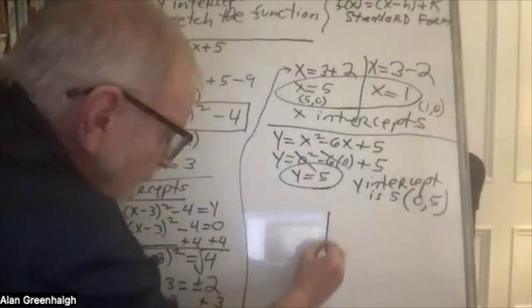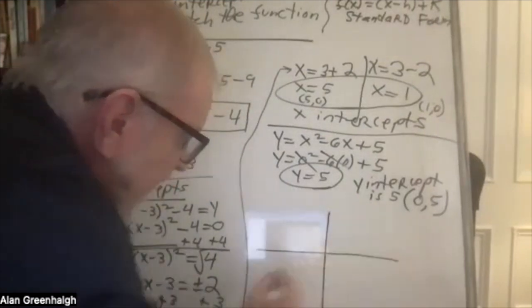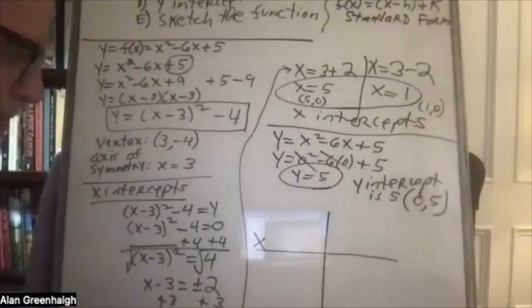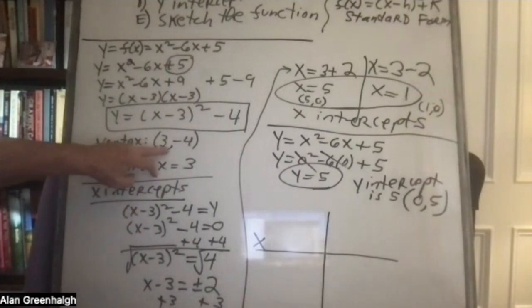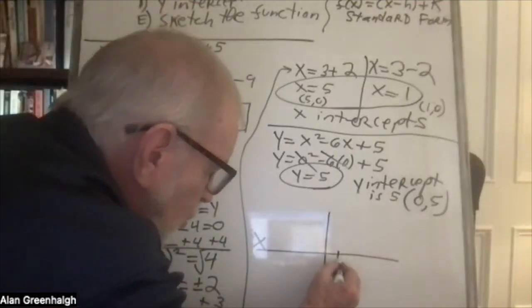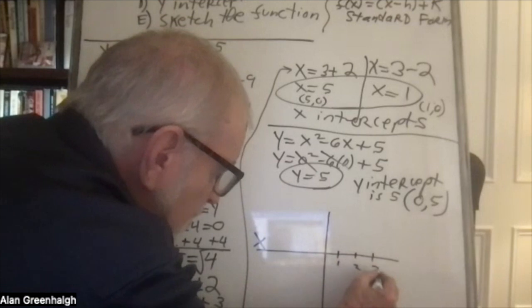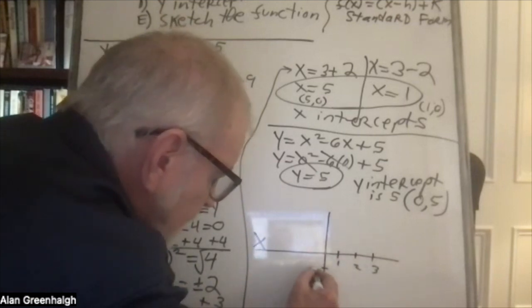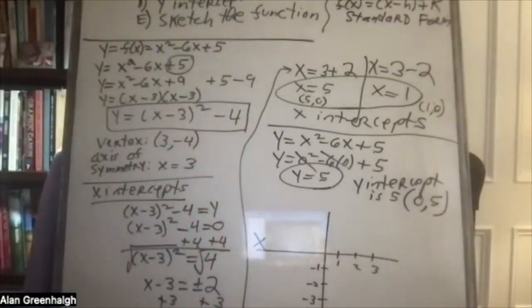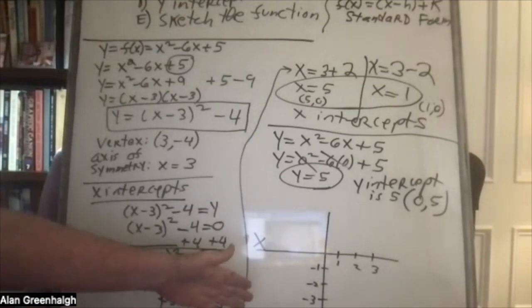So now I can create a sketch, the y-axis, the x-axis, and we want the point, the vertex. That's the starting point, 3, negative 4. 3, 1, 2, 3, negative 4. Even though we're not using graph paper, we could certainly make it look decent, right?